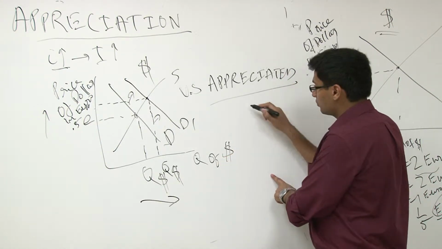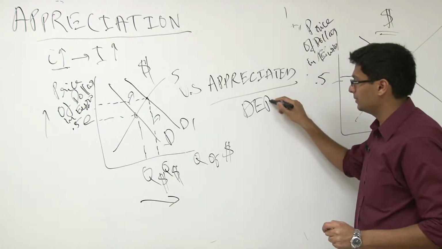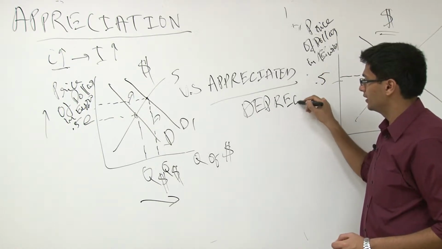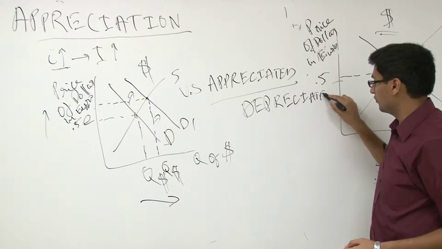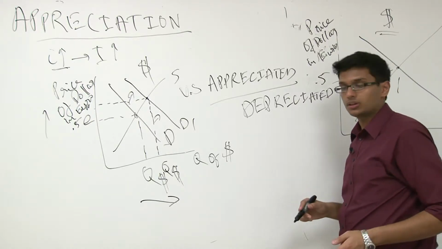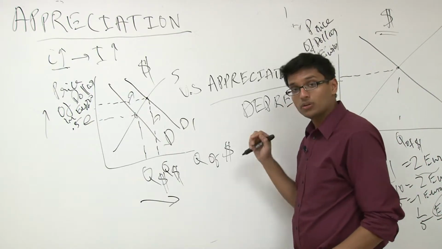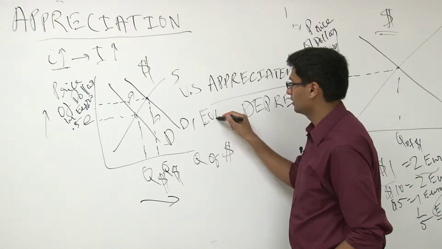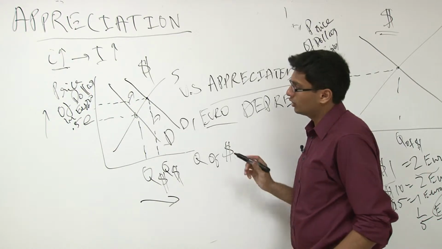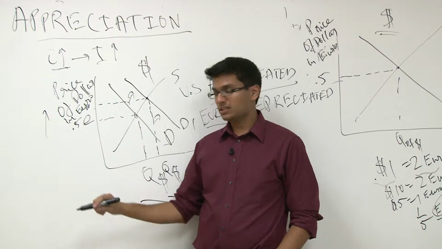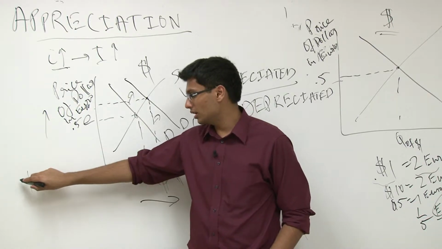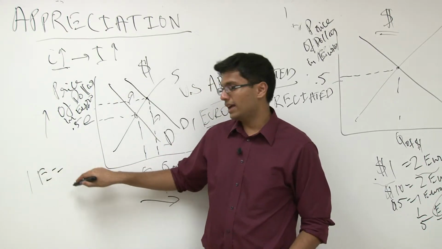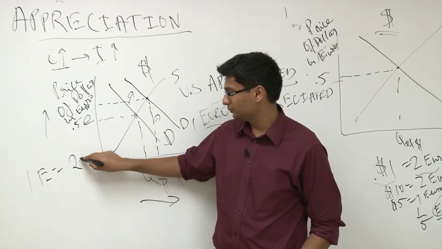But something else has depreciated, right? Something else has depreciated. Should be straightforward, but for those of you who are still thinking about it, the euro has depreciated, right? If you look at this, it used to be at 0.5. That means that for every 1 euro, we could get about $2.